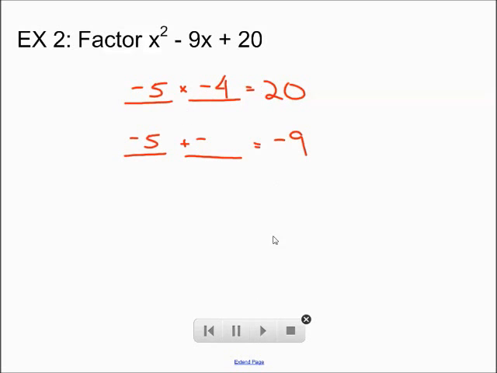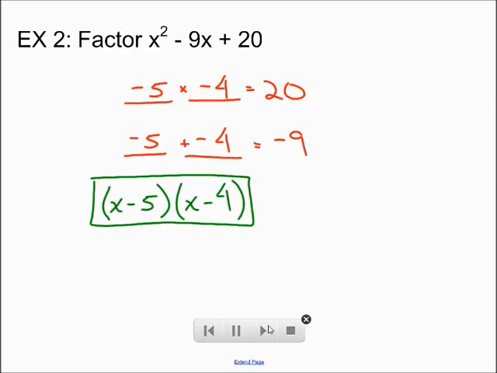A negative times a negative is a positive, and a negative plus a negative is going to give us -9. So it makes it a little bit trickier when this is negative. But we know the factors of 20 both have to be negative, because that's the only way we can get a negative sum. So our factorization of the original trinomial would be x minus 5 times x minus 4.